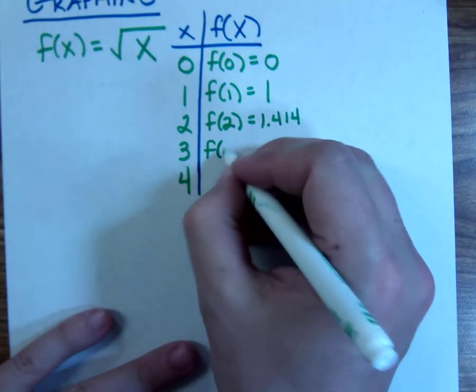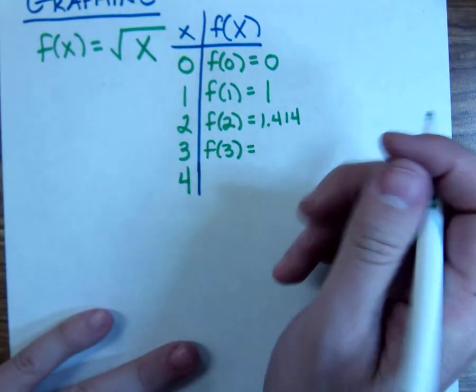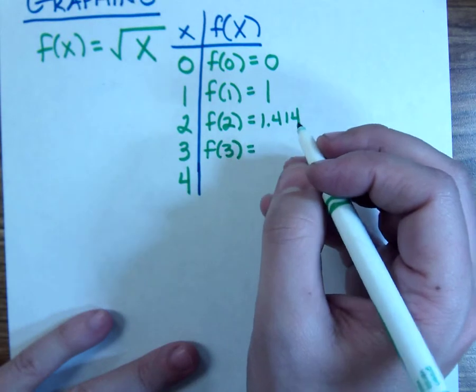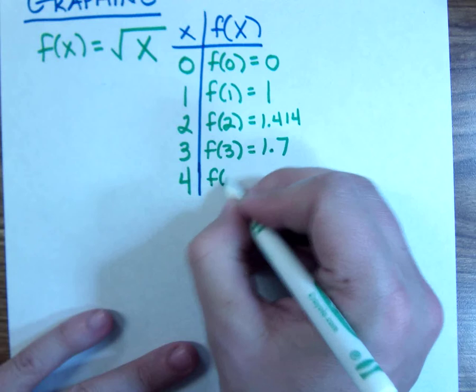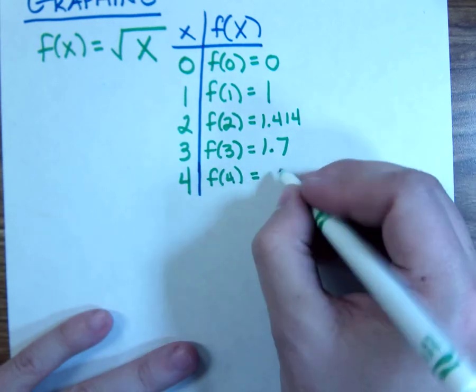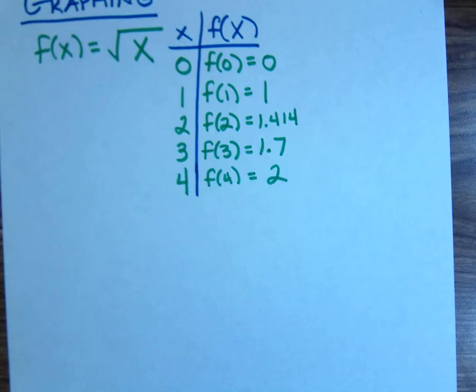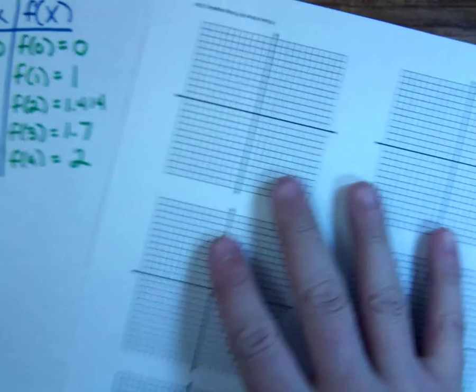What is the square root of 3? Like 1.7, I think. What's the square root of 4? 2. Right. So I've got several points here that I could graph. I feel like the 1.4 and the 1.7 I'm probably going to avoid, just because they're decimals.